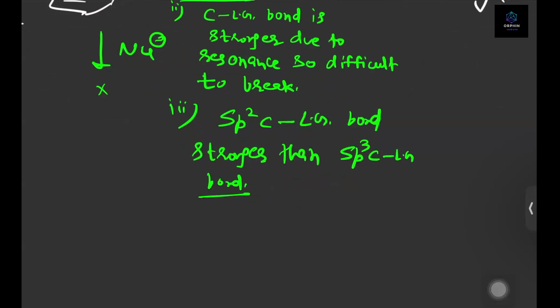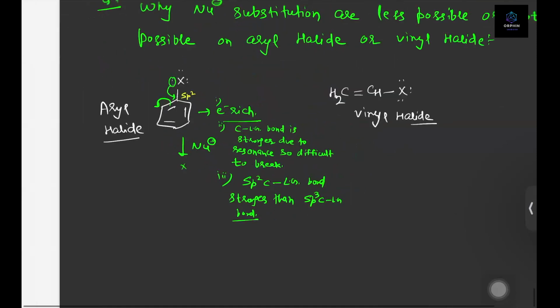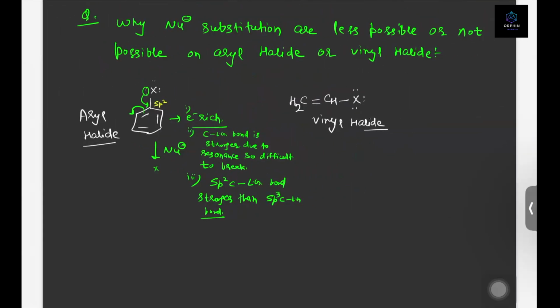Actually, when the s character increases, the bond strength also increases. So because of these three reasons, nucleophilic substitution is difficult on the aryl halide. Similarly, in this case also, the same thing: nucleophilic substitution won't happen because of the same reasons. This is having resonance, and that is sp2 carbon, and those are also kind of nucleophile. So because of these reasons, the reaction won't happen.